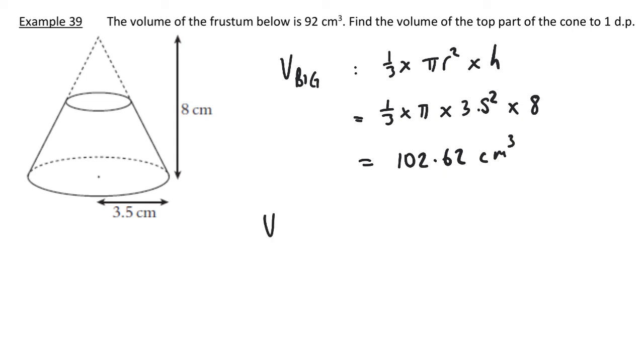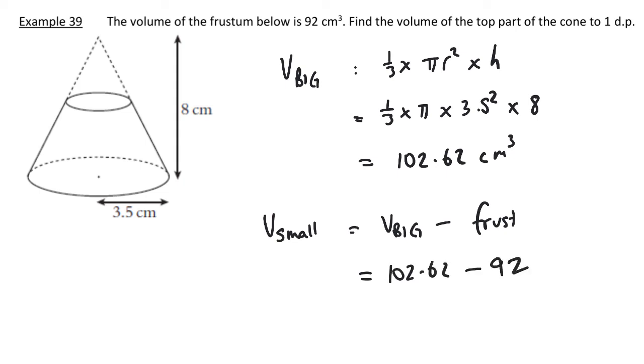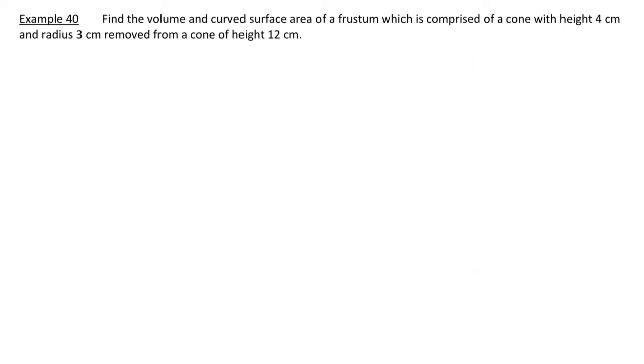The volume of the small then is going to be the volume of the big minus the frustum. So that's 102.62 minus 92, which is 10.62 cubic centimetres.